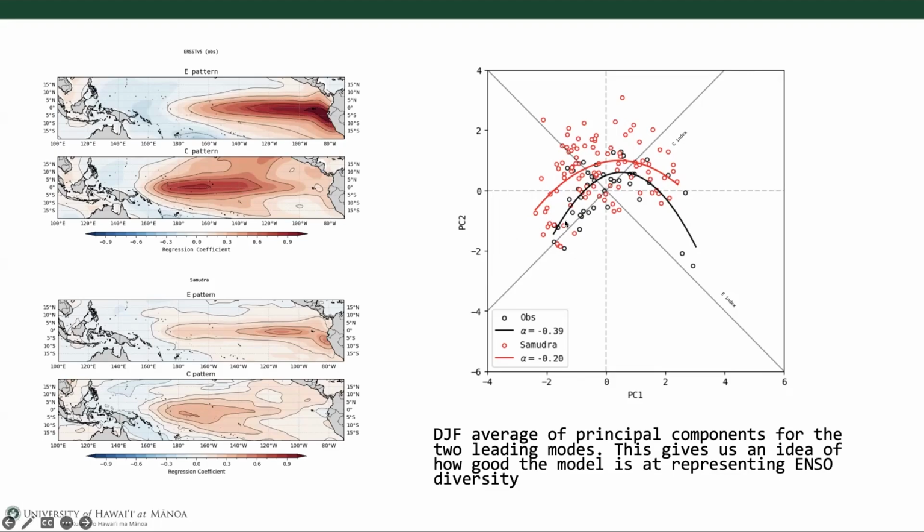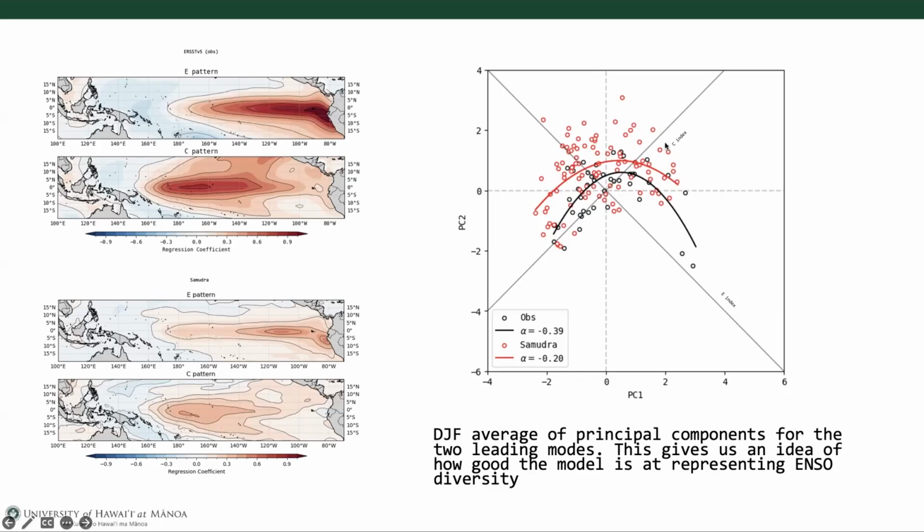The black dots represent the observations. The more dots I have over this region, a little far from the center of the axis, the more extreme events I have, which is what we're looking at. This is also part of what we refer to as ENSO diversity, that these models can capture the extreme events.